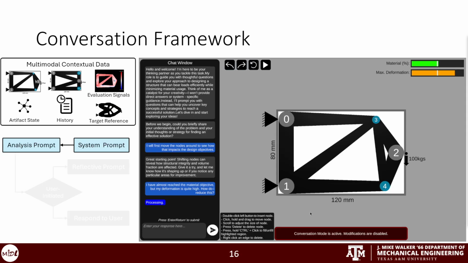The idea is to use this rich contextual information to create a detailed report which can be used by the agent to provide a relevant response to the user.